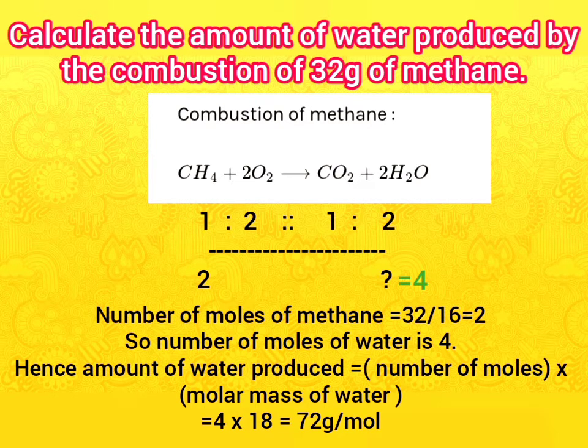We know that 1 mole of methane produces 2 moles of water. So as per stoichiometry, 2 moles of methane will produce 4 moles of water. So the amount of water produced is given by number of moles times molar mass of water, that is 4 times 18, and the answer is 72 gram per mole.